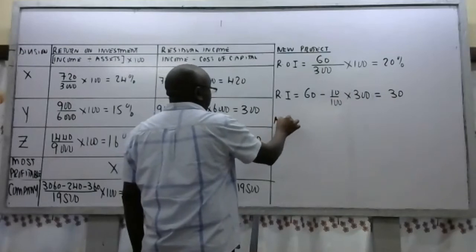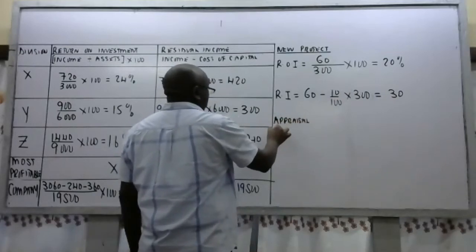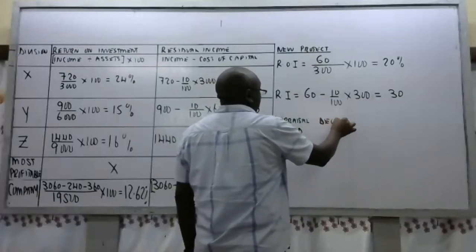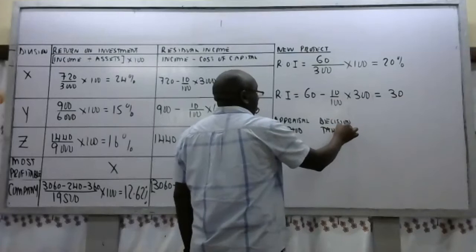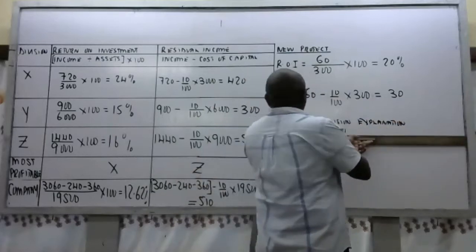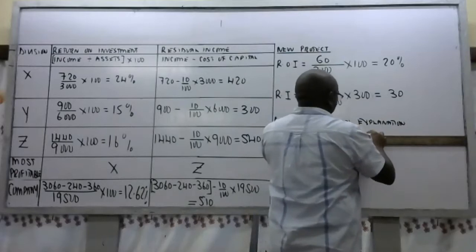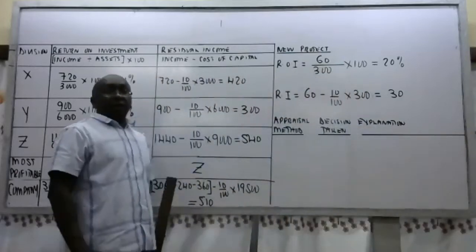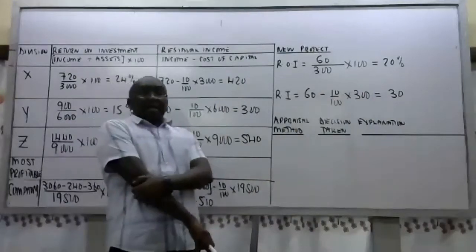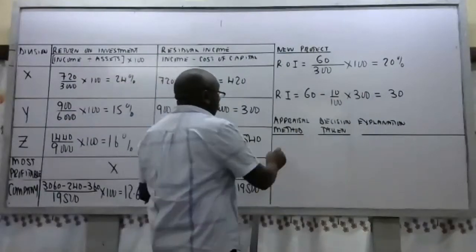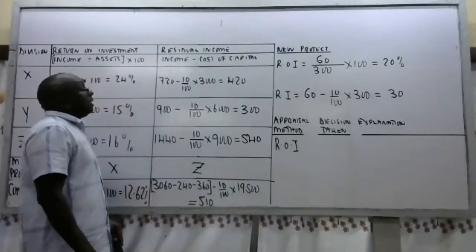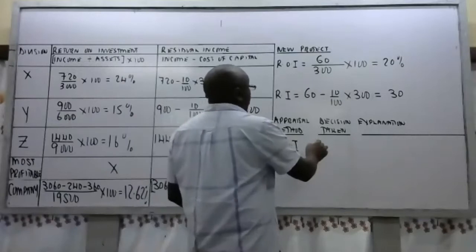So if you are doing the appraisal method, the decision taken, and the explanation, if you are using ROI, you will tell them to reject.